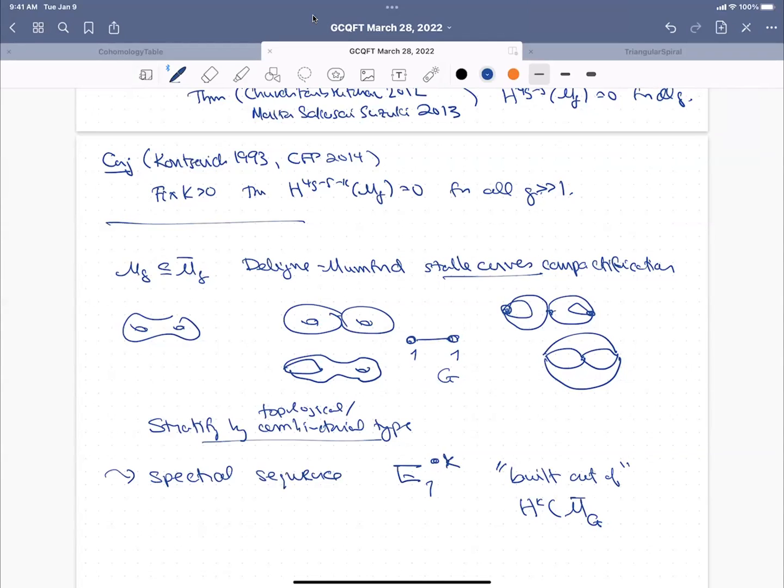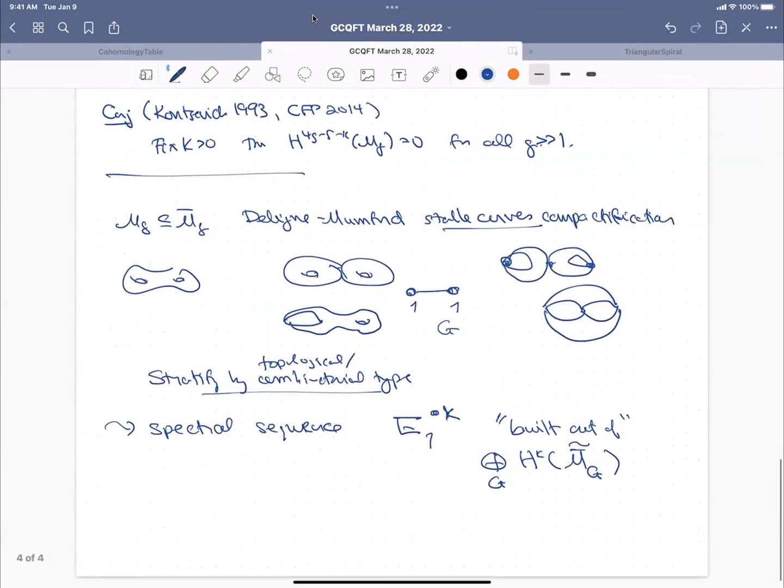That will be some potentially badly singular closed subspace of the Deligne-Mumford moduli space, and so we take its normalization. So it's built out of the direct sum over all G of H^k of the normalized closure of M_G. The important thing is that these are smooth and proper.